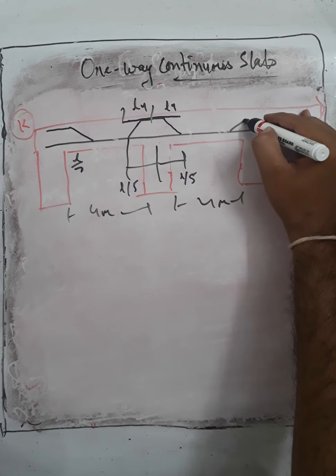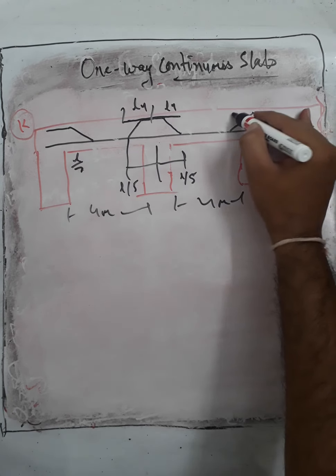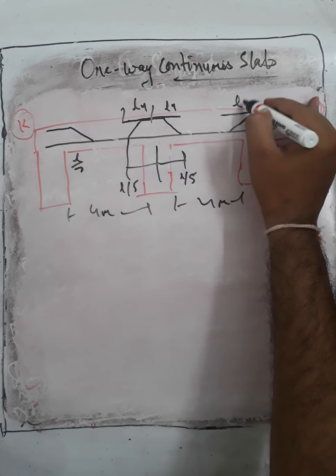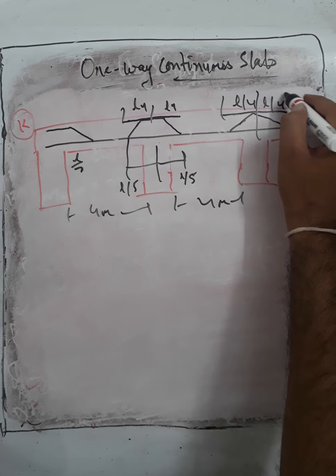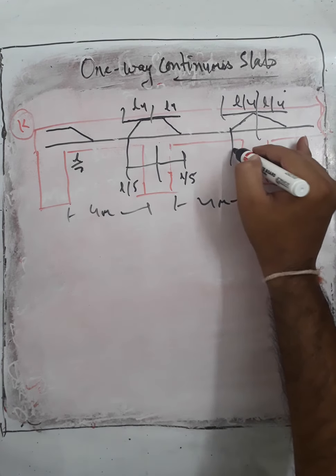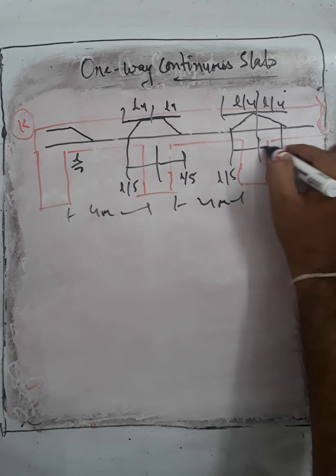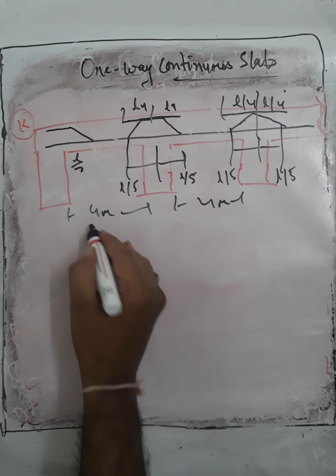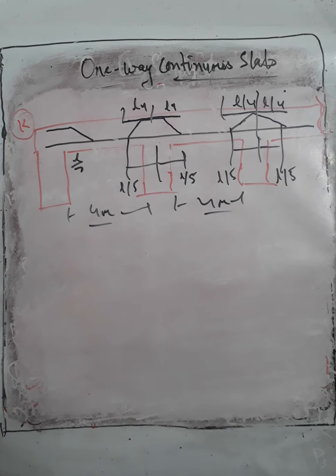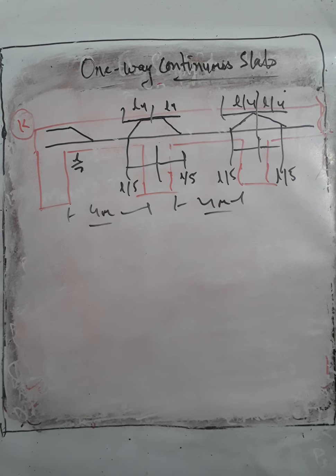Same you have to do for that portion. Here you take L by 4 from center, here you take L by 4, and this you have to take L by 5 and L by 5. Here our length is same. If your length is different, you have to write here L1, L2 and so on. Okay, so in this way you have to design.